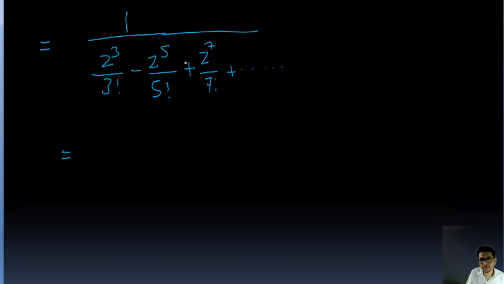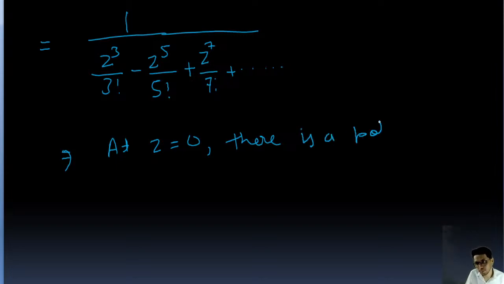So this we have got. It means that at z equal to 0, if you put z equal to 0, there is a pole of order 3.